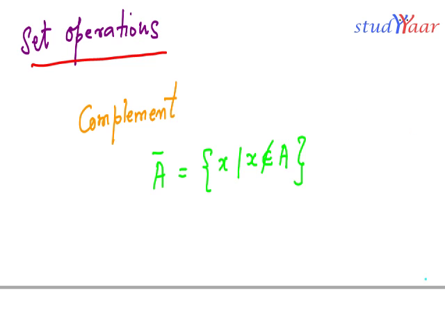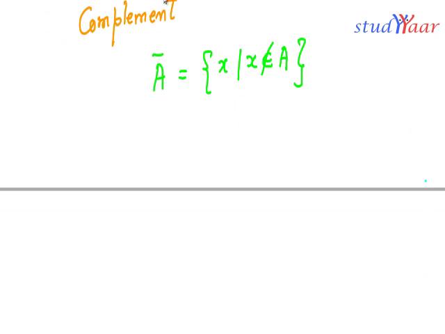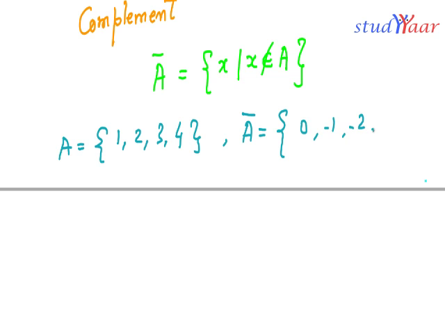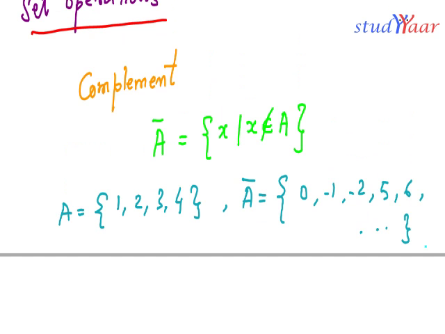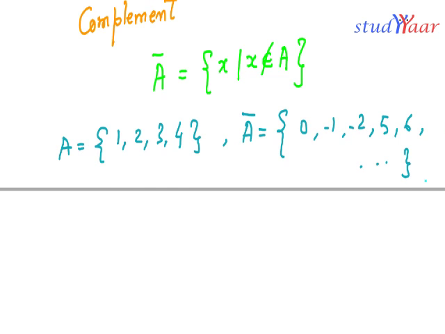If I take an example, let us suppose A is 1, 2, 3 and 4. Then the complement of A is going to be all elements which are not in A. So it can have 0, -1, -2, 5, 6 and so on. It basically depends upon how I am defining my universal set.